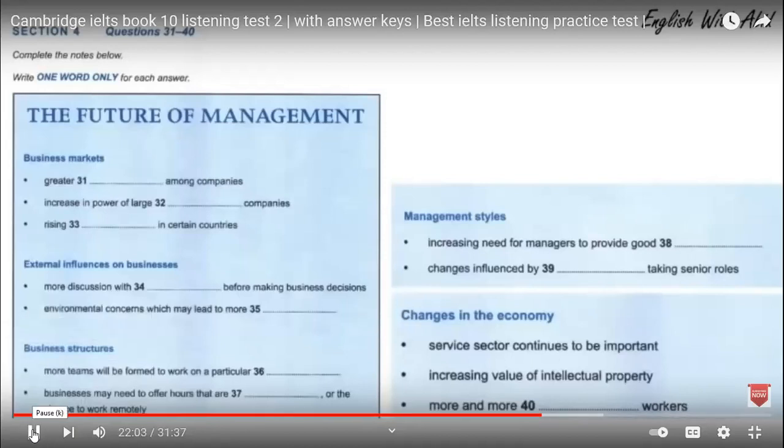Products. Consumers will have much more choice. For instance, one area I want to mention is business markets, and I'm sure a really significant development will be a major increase in competition with companies from all around the world trying to sell similar products. Consumers will have much more choice.